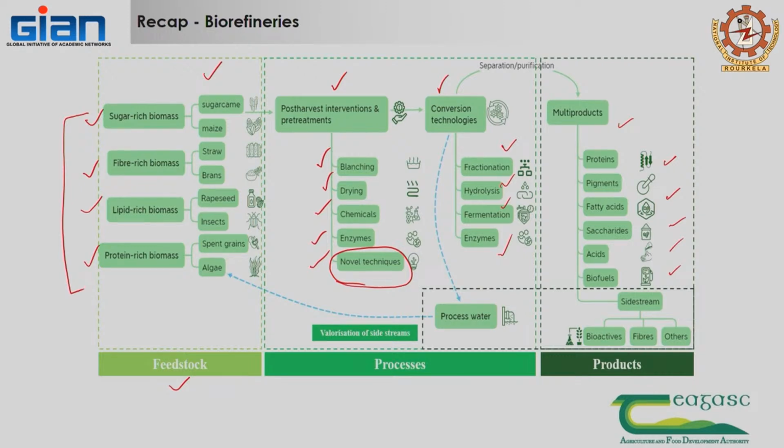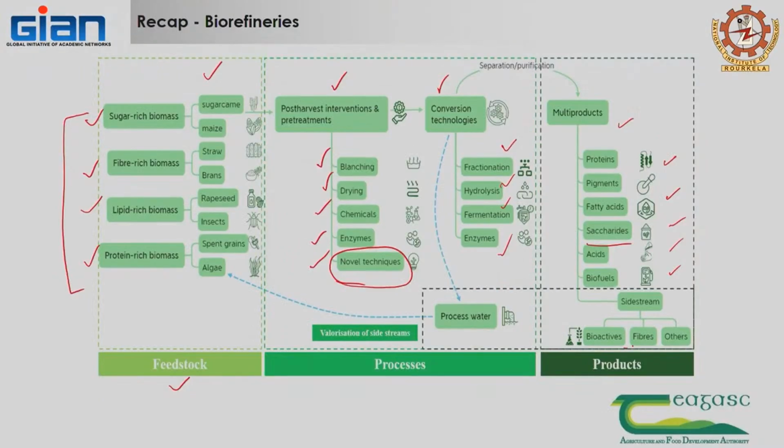You cannot get high fiber or sugars when you are using seafoods, because seafood does not contain much carbohydrate or sugar containing compounds. And from the rest of the side streams you have bioactive fibers and others. In this process you also get process water, and within process water you can again use new technologies, mainly membranes, to separate the ingredients and fractionate it further.